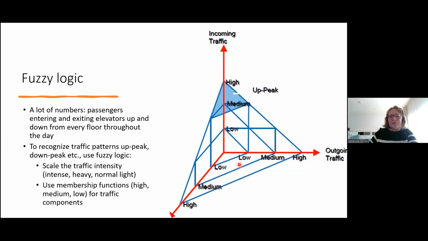So for each traffic component, we looked if the portion of the incoming traffic is low or medium or high, and the same for each traffic component in the floor and outgoing.